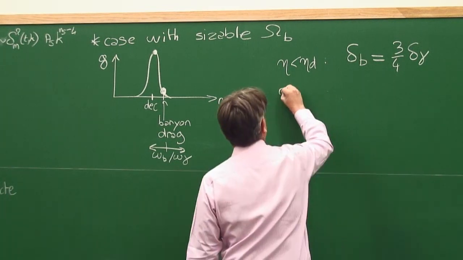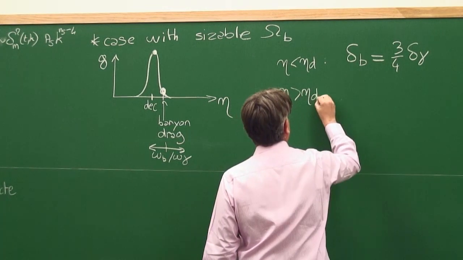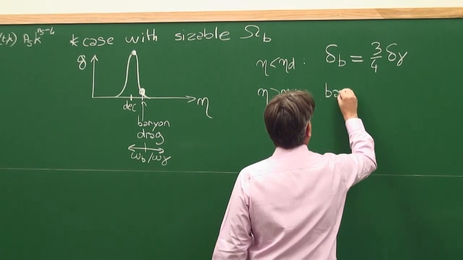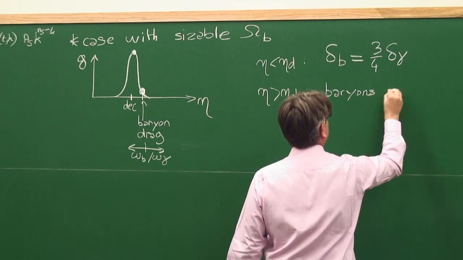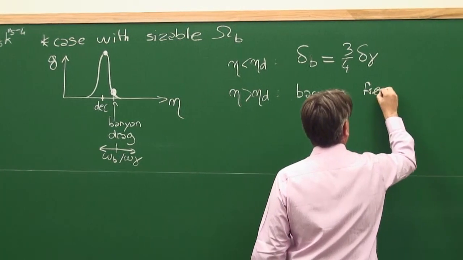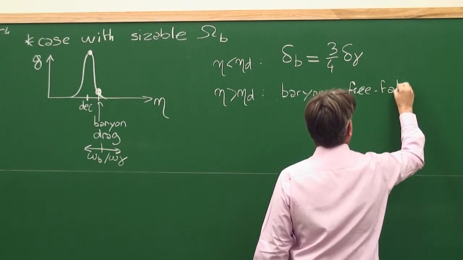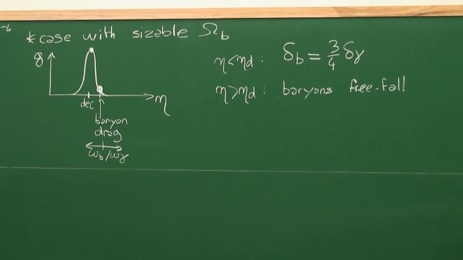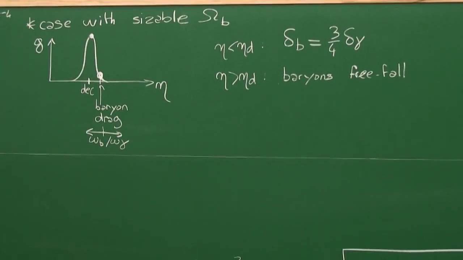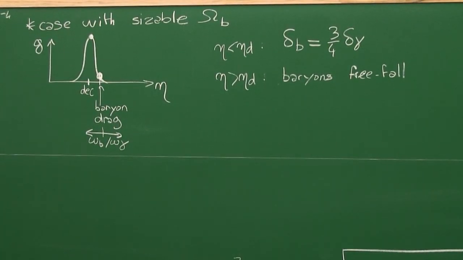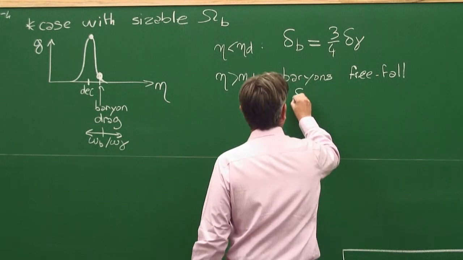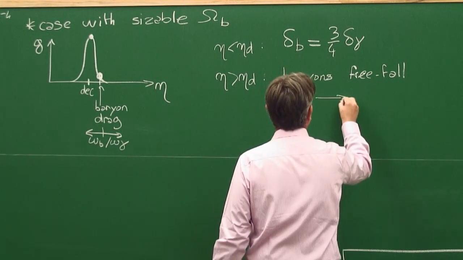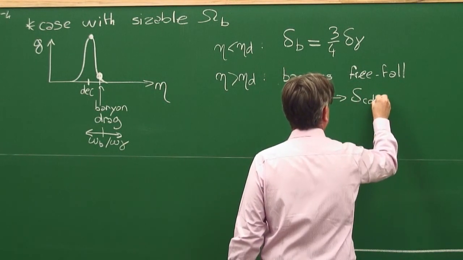While after that time, baryons are in free fall, just like the cold dark matter particles. So they fall in the same gravitational potential well, they equilibrate gravitationally, and so the baryons will tend to the same solution as cold dark matter.